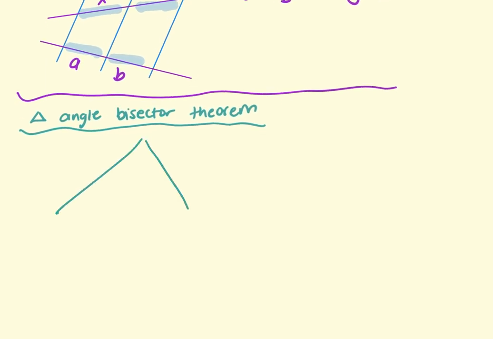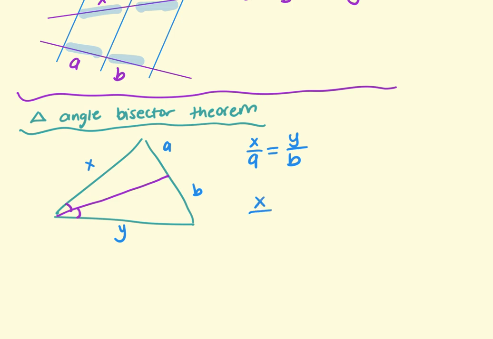But if you see a triangle drawn with an angle bisector, and it would either be marked or it would say it was an angle bisector, then it divides those proportionally. So if this is X, Y, A, B, then we can go top and top. So X over A equals Y over B. Or I could go X over Y equals A over B.